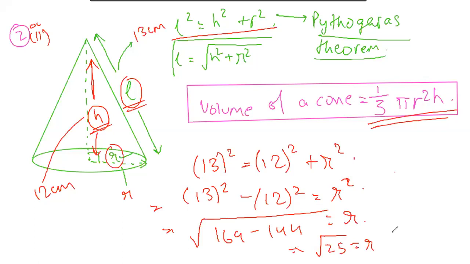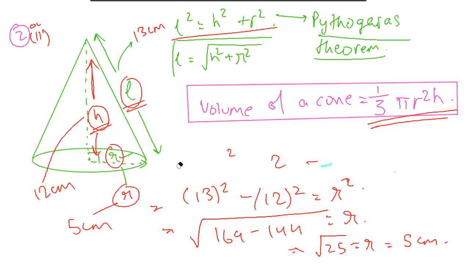So root 25 is equal to r, which is equal to 5 centimeter. So finally we have solved our r, which is 5 centimeter, and we will erase this calculation. Hope you have noted it down.